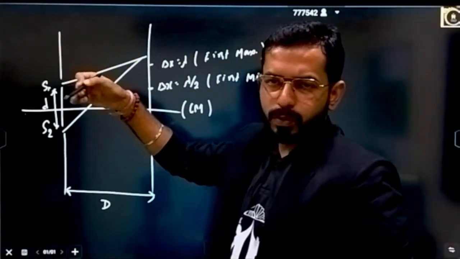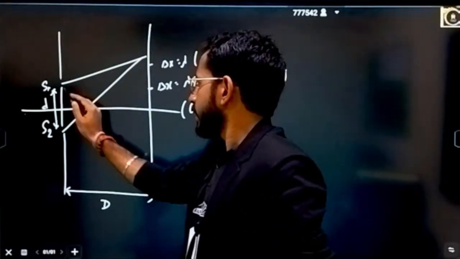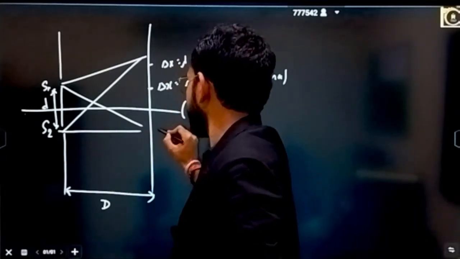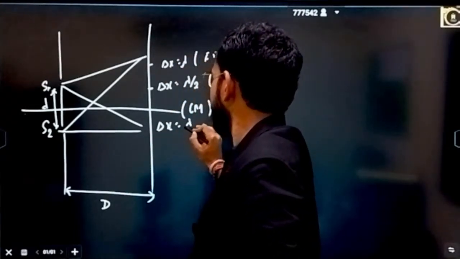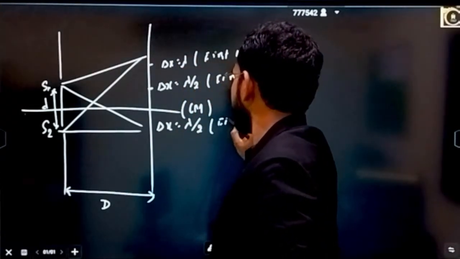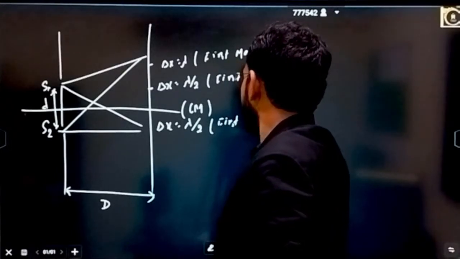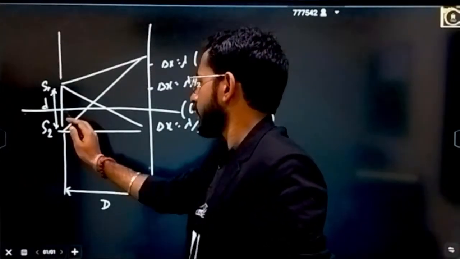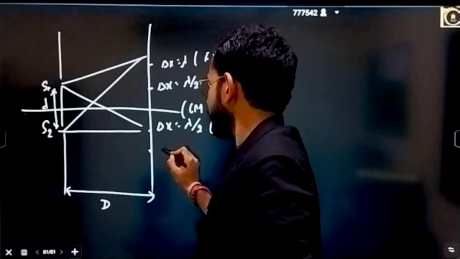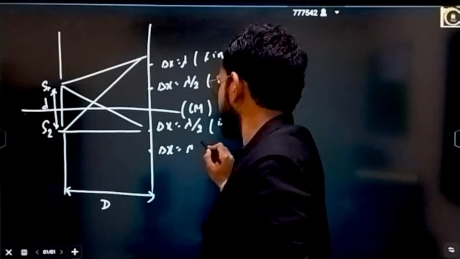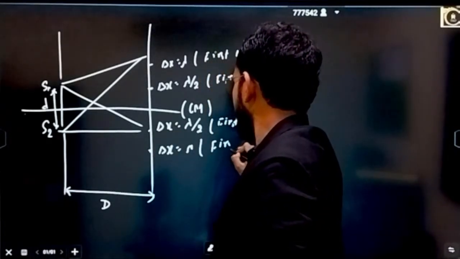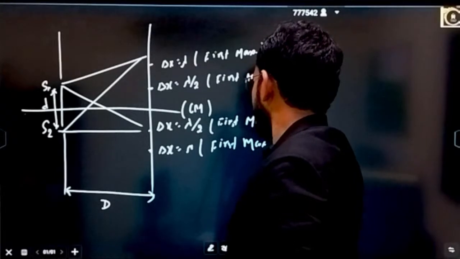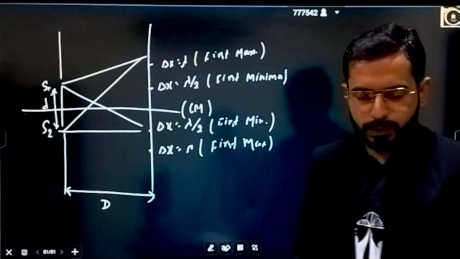Then again 3 lambda by 2, then again 2 lambda, and the same in this case also. Here also path difference will be lambda by 2. It will again be first minima in the downward direction, completely symmetrically. Then there will be a point where path difference is equal to lambda, and here also it will be called first maxima. All these things we have understood.